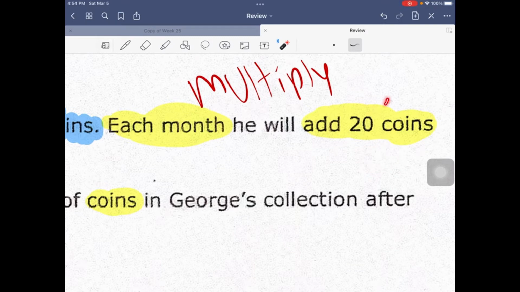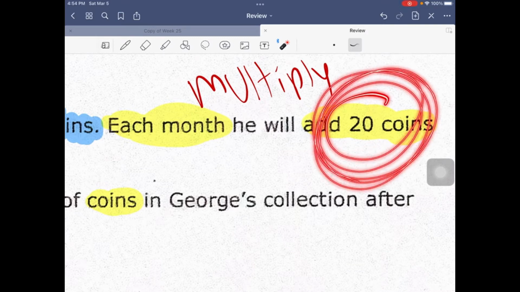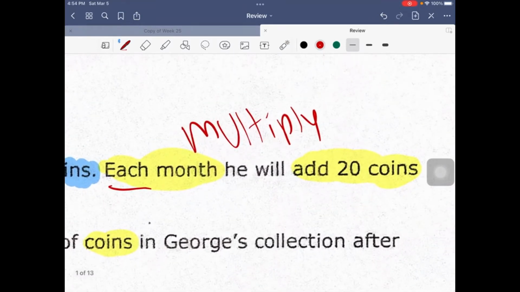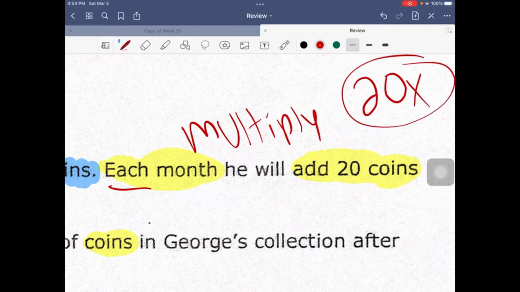Okay, so you get the picture. You are multiplying. There is a pattern of 20 coins each month. The each is very important. Ahora, that means we're multiplying by 20. So your formula should start looking like this. Y equals 20x.